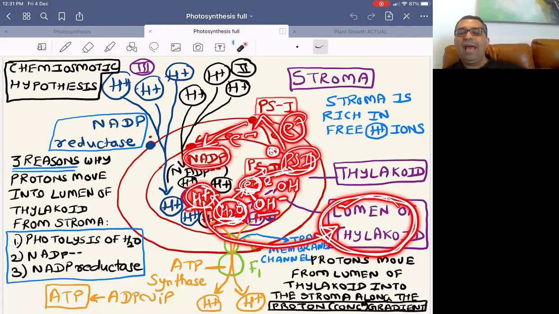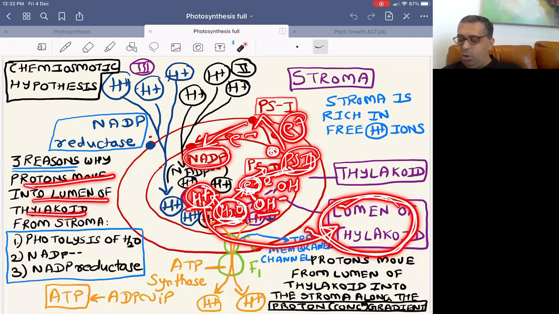Protons move into the lumen of the thylakoid because of photolysis of water.